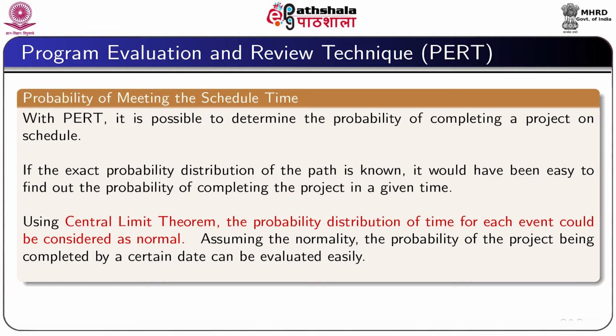However, using the central limit theorem, the probability distribution of time for each event could be considered as normal, and because of this assumption of normality, the probability of the project being completed by a certain date can be evaluated easily. That I am going to show now.